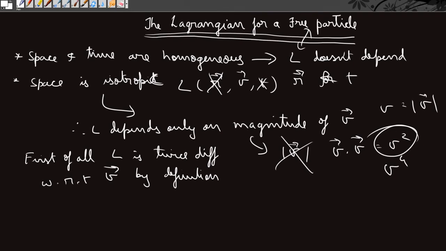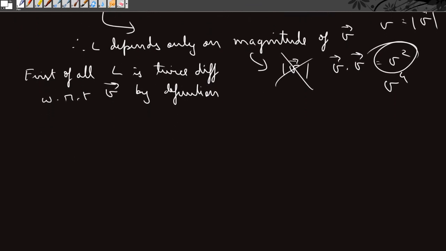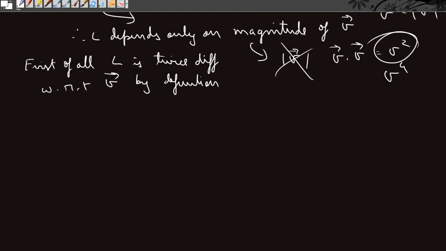So now all we are left with is even powers of v, and to know which one is correct, we have to go back to our Galilean transformations.